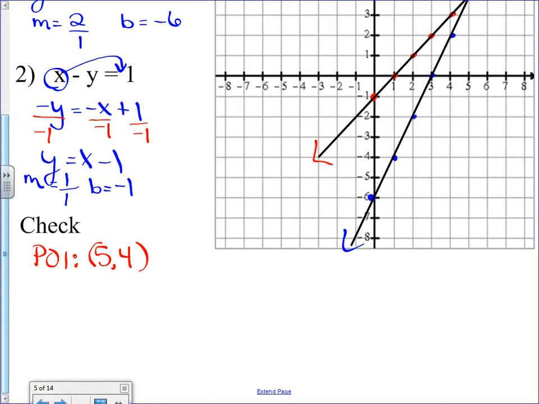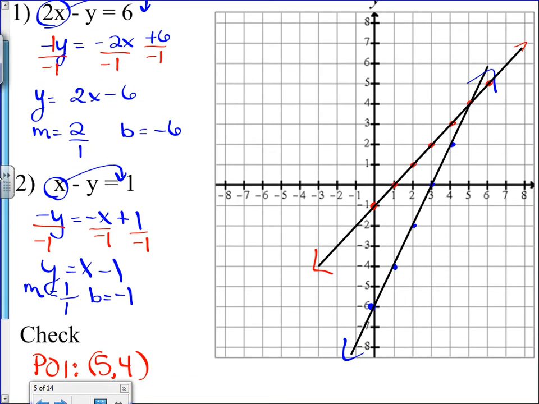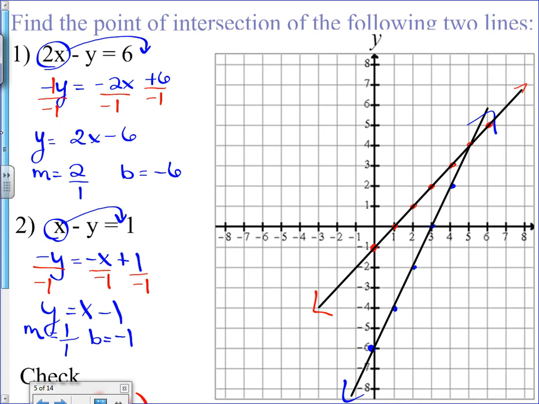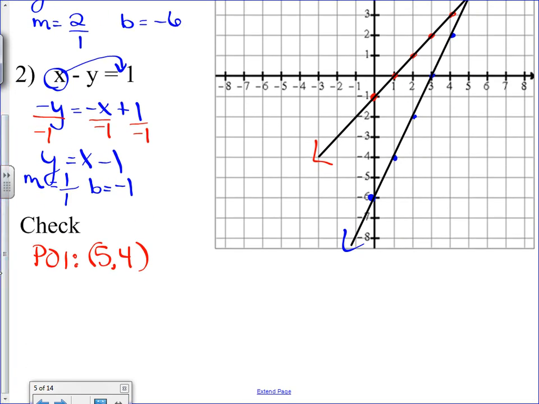For time, I'm not going to check the solution, just for time's sake, so we can get through a couple more examples. But to check this, it's the same thing that we did in the other example. Actually, maybe we will do it. So my first equation was 2x minus y equals 6.